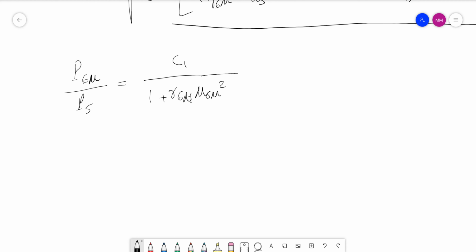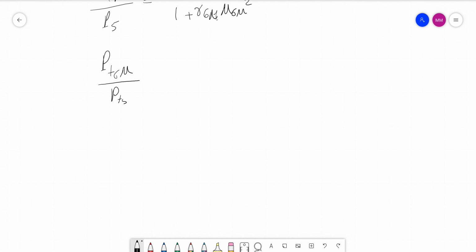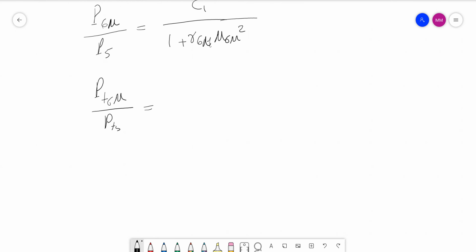But we don't really deal with static pressures that much here, right? So we need to transform this to the total pressure. We want to have the pressure ratio, essentially PT6M over PT5. The pressure ratio is defined by the pressure of the mixer divided by the pressure of the turbine, right? And we already have the relationship between the total pressure and the static pressure.